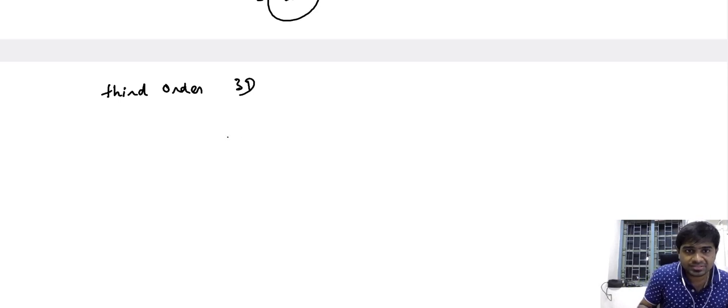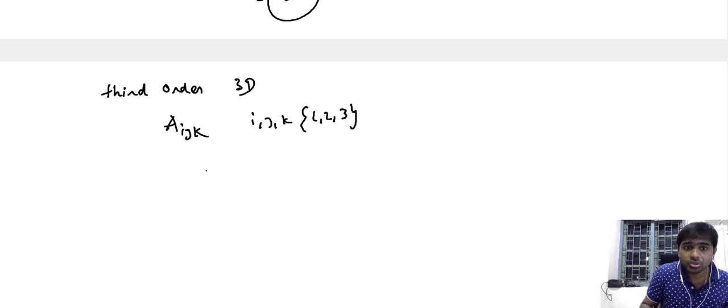The third order tensor is usually expressed using i, j and k, and let us restrict ourselves to 3 dimension. So i, j and k will assume the values 1, 2 and 3. The total number of entries possible for a third order tensor will be 3 to the power of 3, so totally 27 entries.